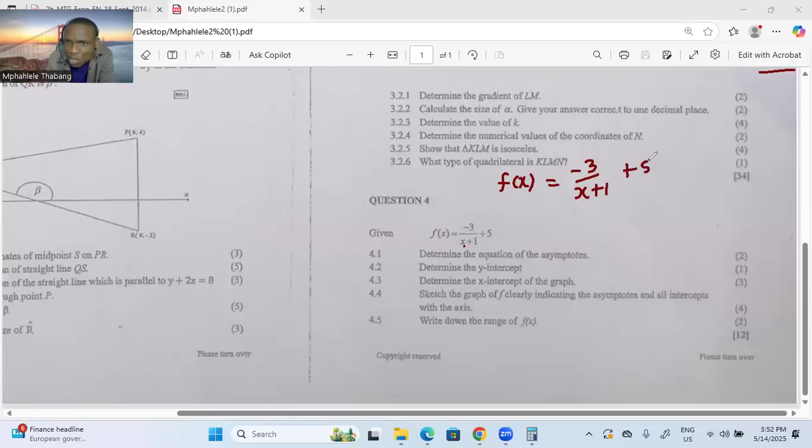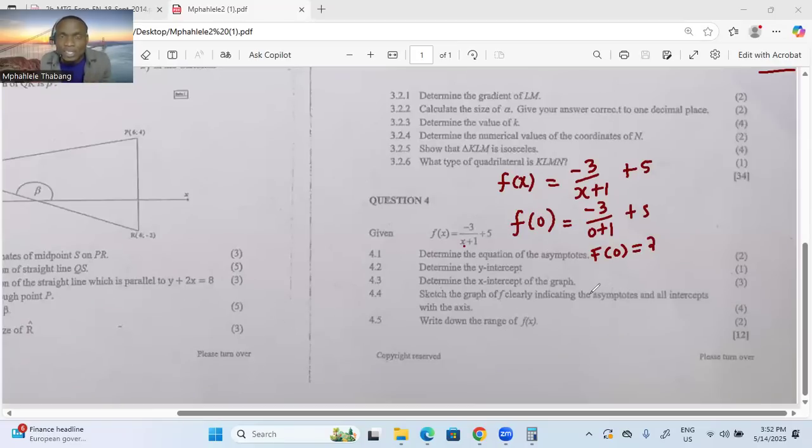Because you are looking for the y-intercept, you substitute x with 0. Where you see x, you put 0: minus 3 over 0 plus 1, plus 5. Just press your calculator. You will see that the answer is 2. So the y-intercept is 2.